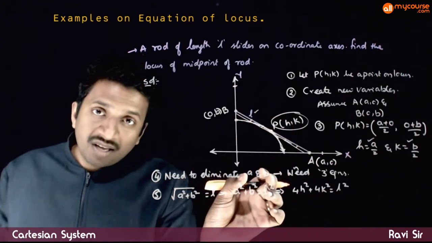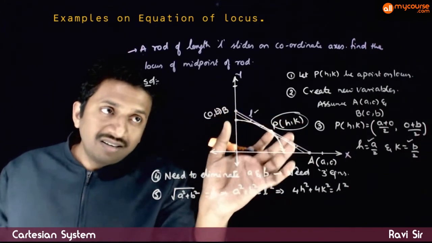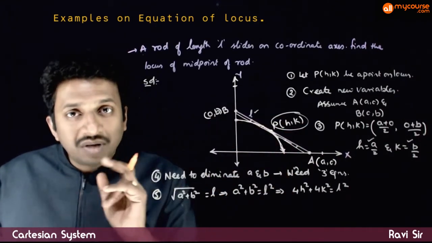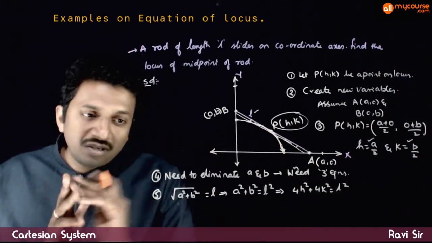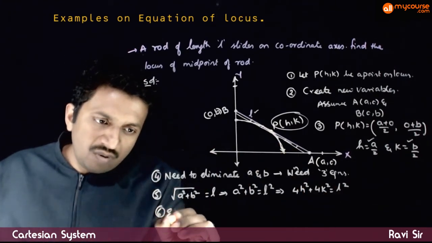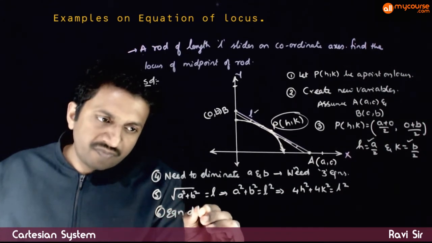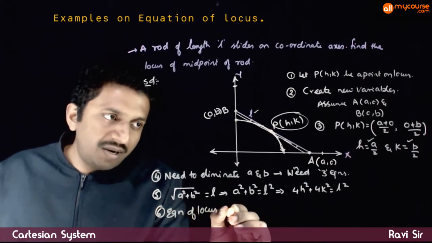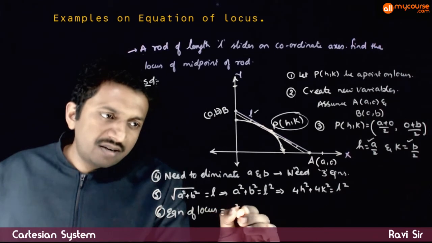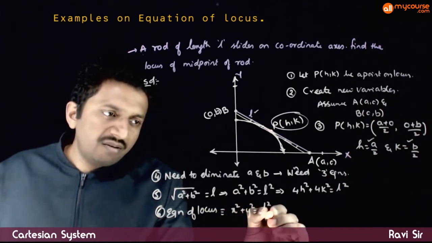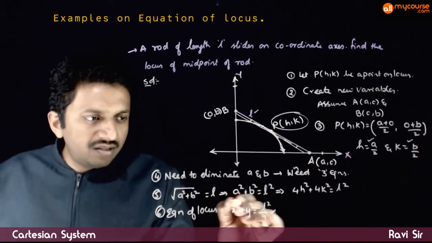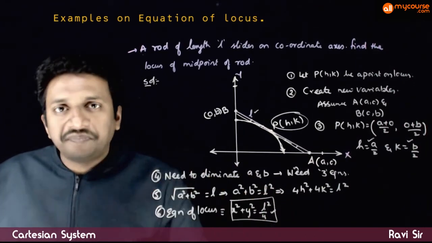But a and b are variables. As this rod is sliding, a and b are changing, so you have to eliminate the variables. Constants need not be eliminated. So the equation of locus is x square plus y square is equal to L square by 4. This will be the answer to this question.